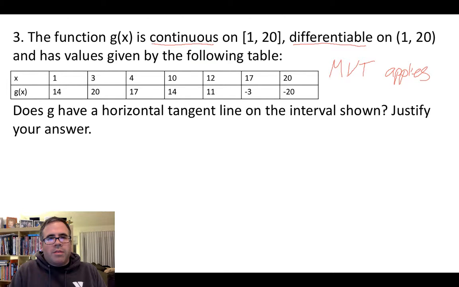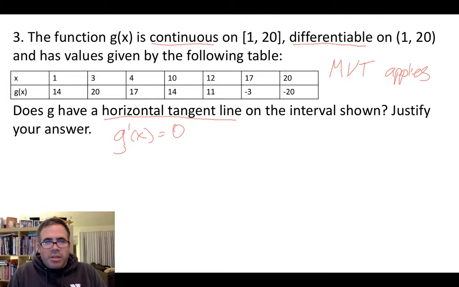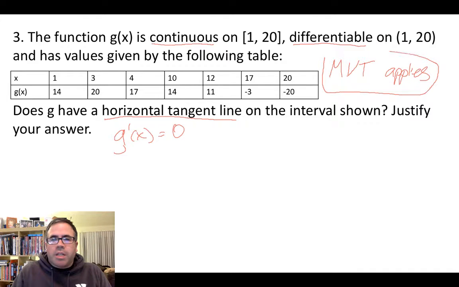Does G have a horizontal tangent line on the interval shown? Now, horizontal tangent line, from our perspective, we're going to interpret that as G prime of x equals 0. So is there a spot where the derivative equals 0? And we have to justify our answer. Well, we're going to go back to the fact that the mean value theorem applies, right?